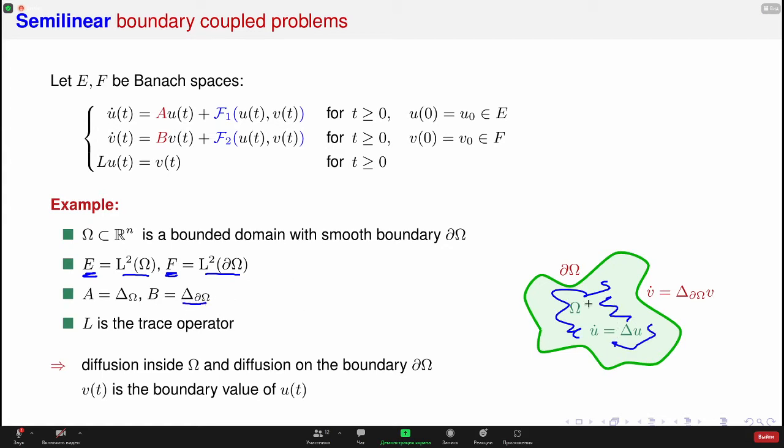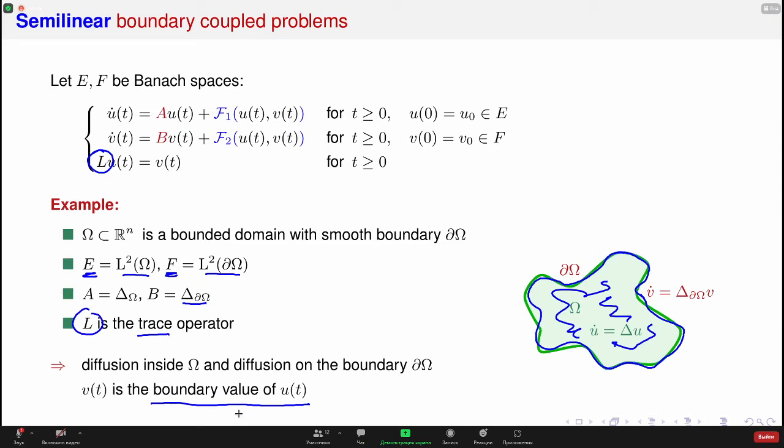And B is the Laplace-Beltrami operator on the boundary. And L, this coupling operator, is just a trace operator. This example defines a diffusion also inside omega and also on the boundary. And V of t is really the boundary value of U of t.